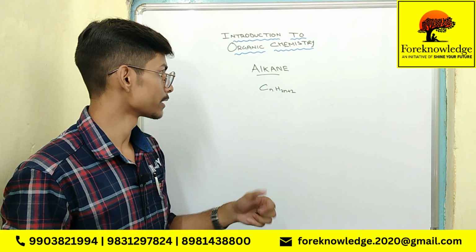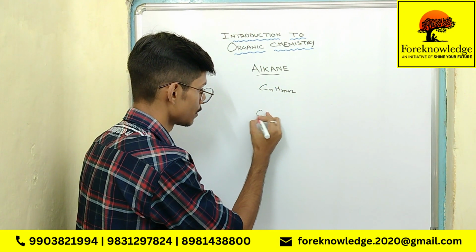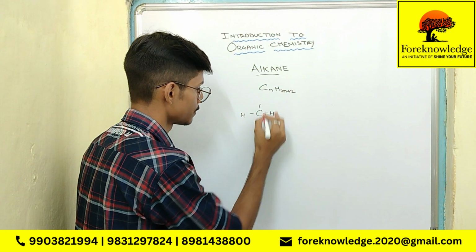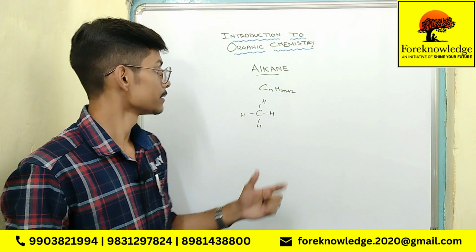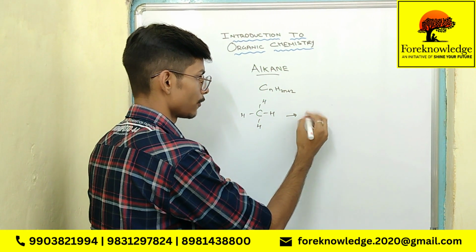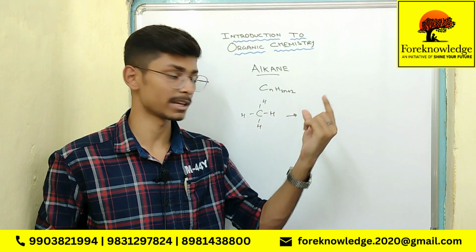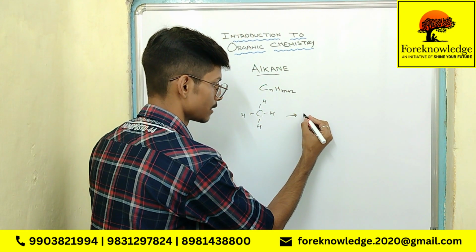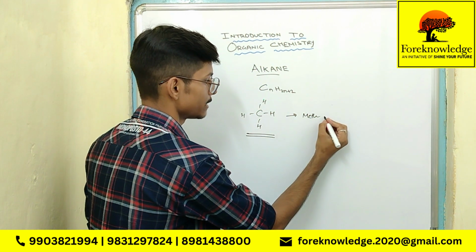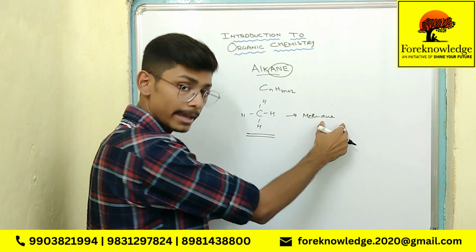Now let me give you some single bond compounds. This one is known as methane. I've already told you previously that when the number of carbon is 1, its root name is meth, and as it is a single bond, you add ANE. Methane.